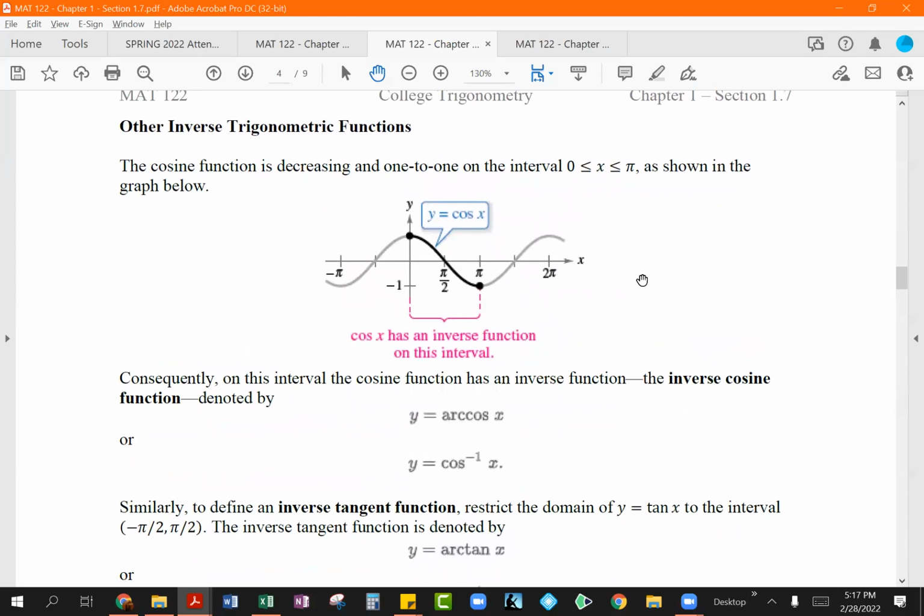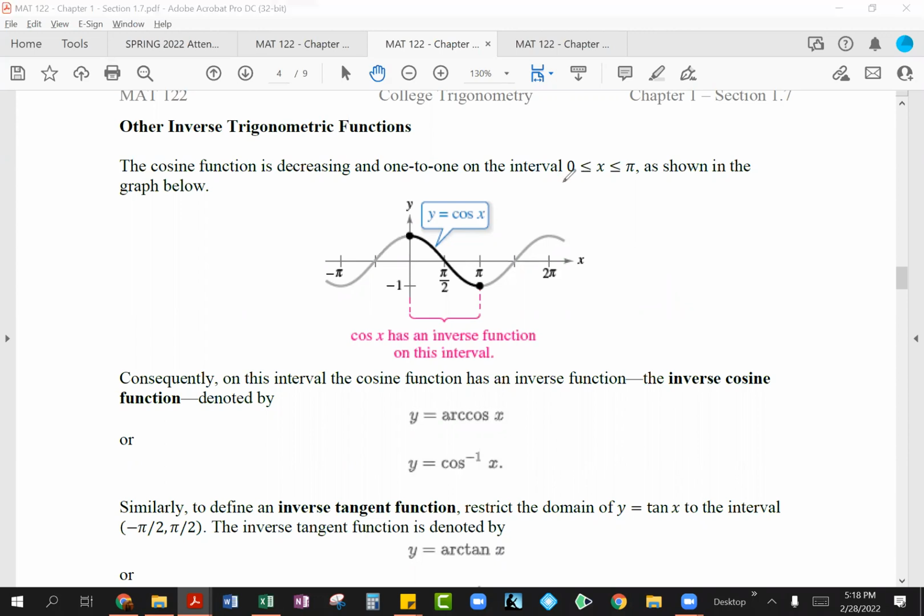Now we can talk about cosine, which as you can imagine is going to be the same thing. We are going to have to restrict our domain, but this time for the cosine function, your restriction is going to go from 0 to pi. You can see that would be the shape that you see in the darker black color. So that's going to be our restricted domain.